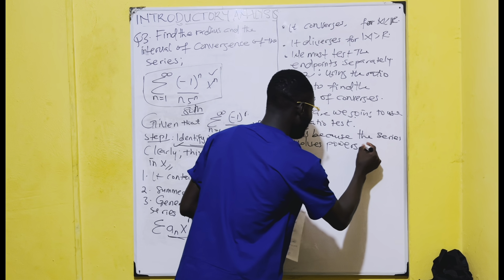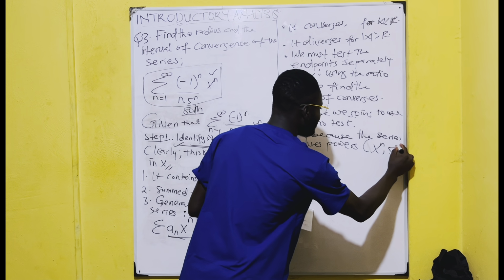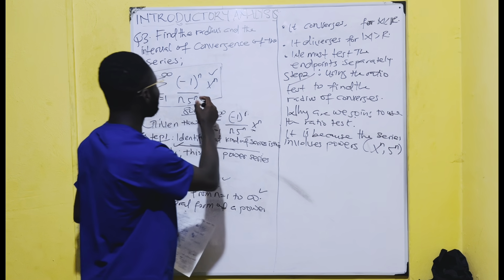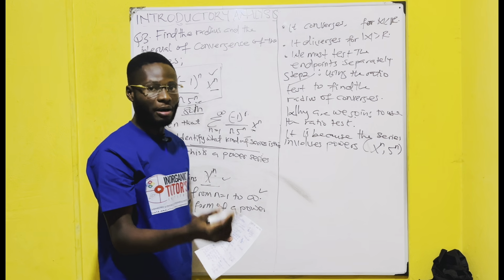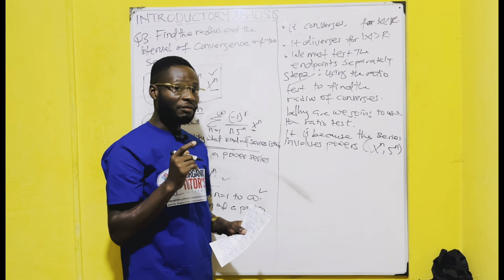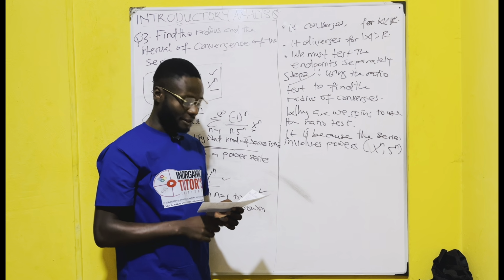Because the series involves powers like x to the power n, 5 to the power n. That is one of the reasons why we are going to use the ratio test: it involves powers.